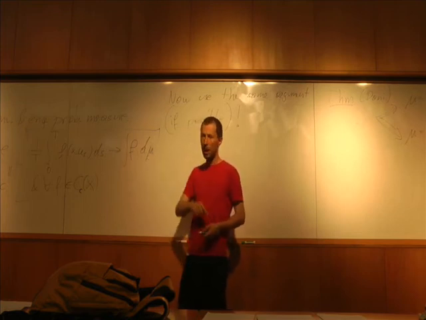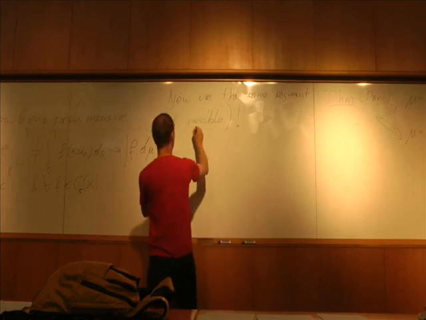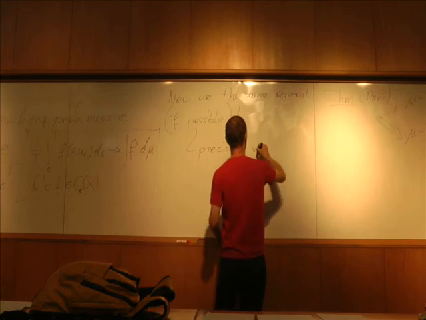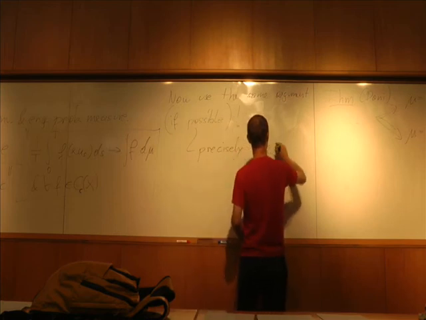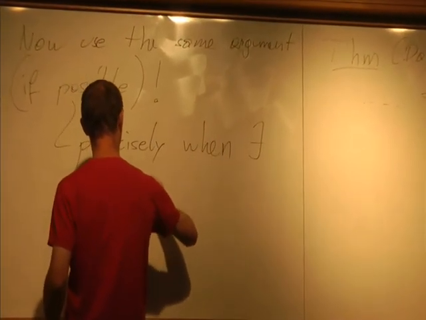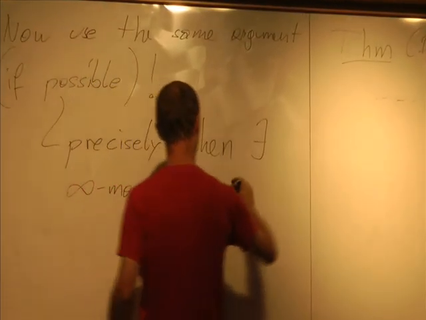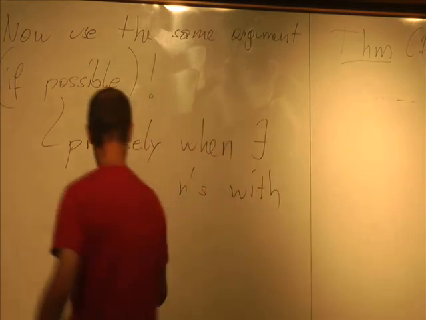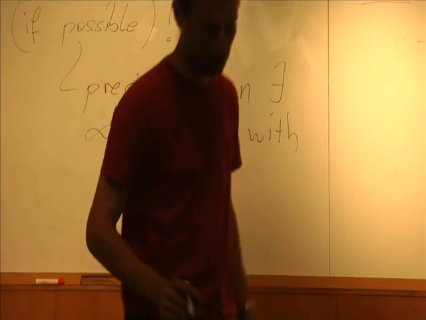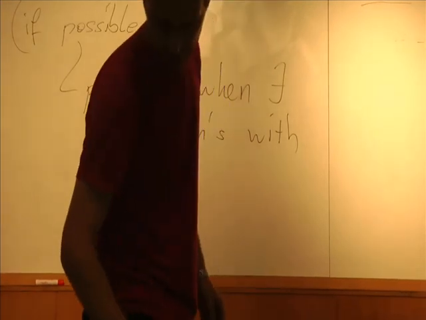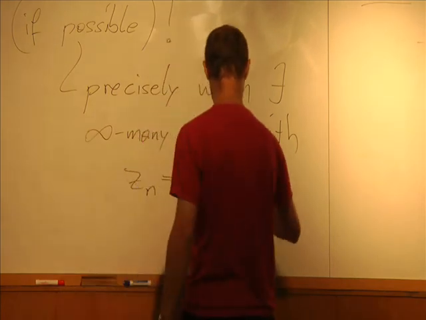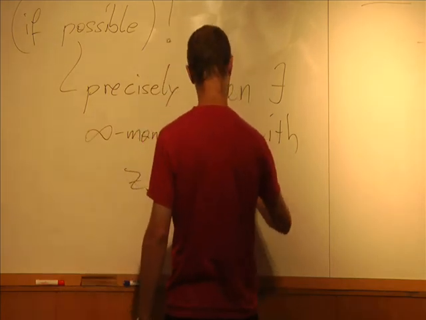When can we apply this argument? Precisely when there exist infinitely many n's with z_n equal to, what was our definition? Was there a minus or not a minus? x a_{-n}, or x a_n?